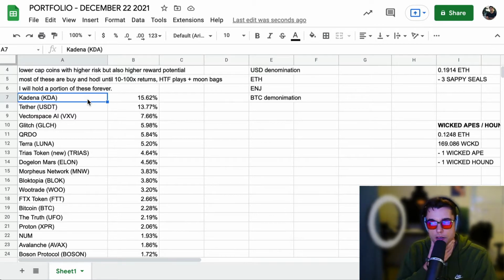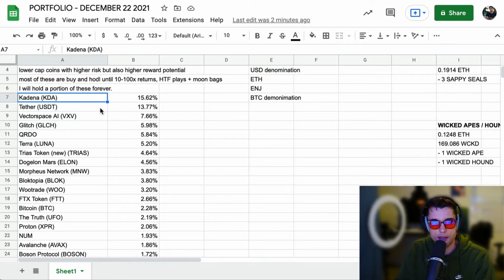It's saved me a lot of money, and it's saved me a lot of headache. It also cost me money too, because sometimes I'll sell too early and then the coin will pump up. I'm very risk averse. Not risk averse that I don't go into coins, but I'm pretty risk averse in that I try not to lose, and I try to lose as little as possible. So you'll see that in this video.